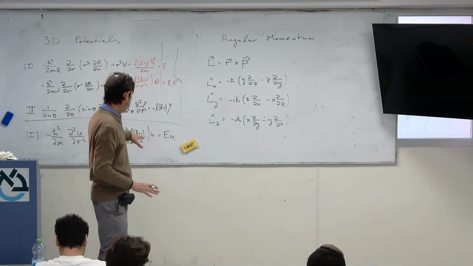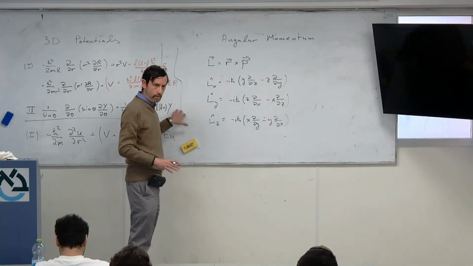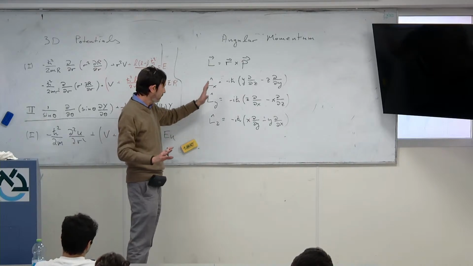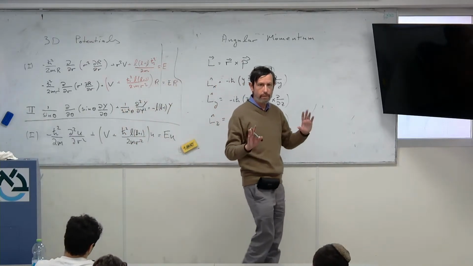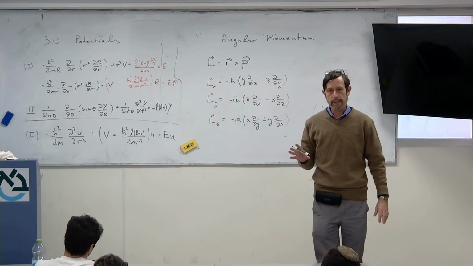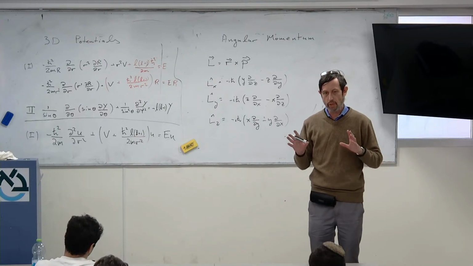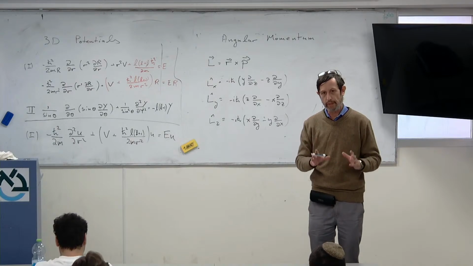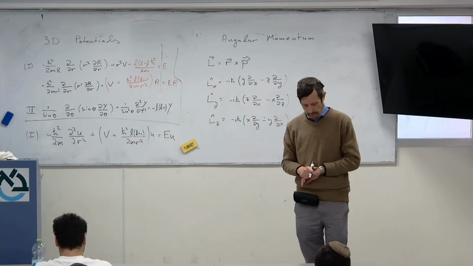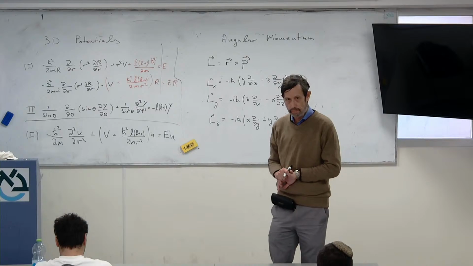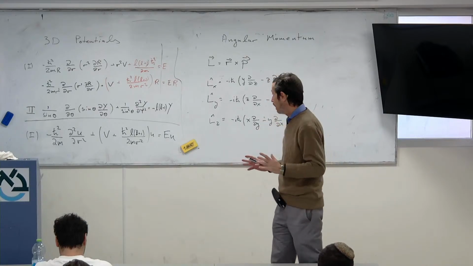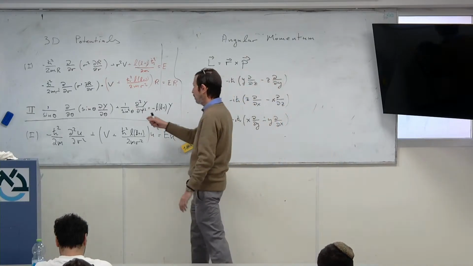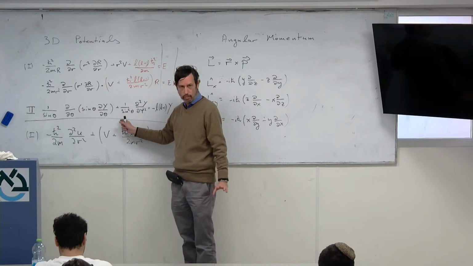Now I'm just writing down the simplest thing that I can think about, which is a definition of an operator that corresponds to angular momentum. I haven't yet shown anything that has a connection with this.